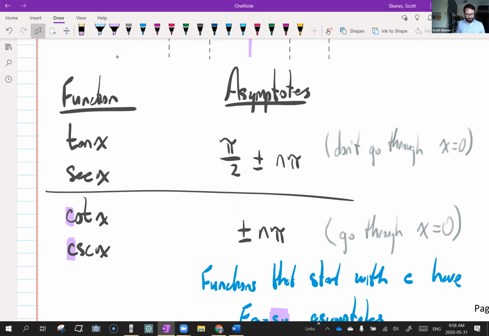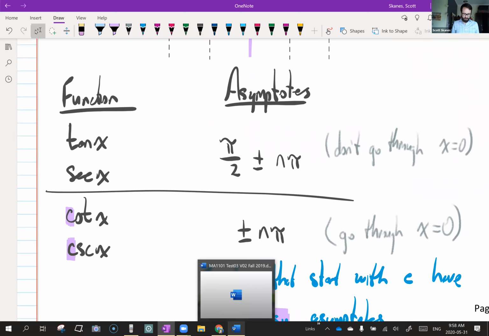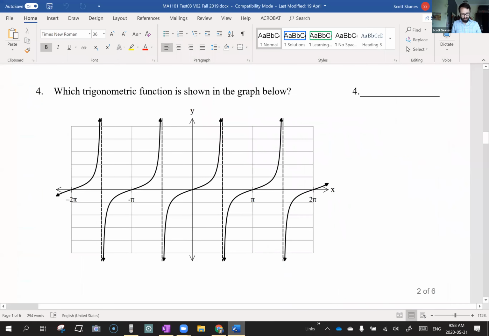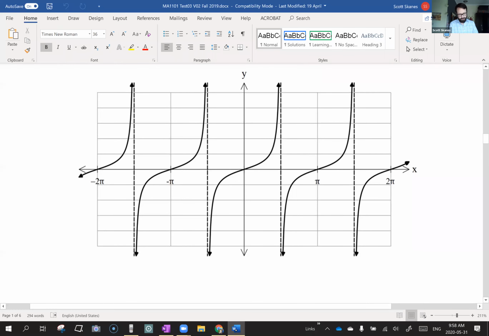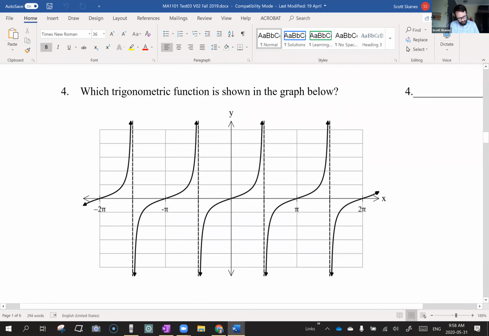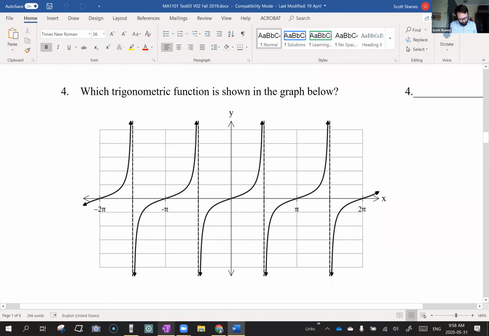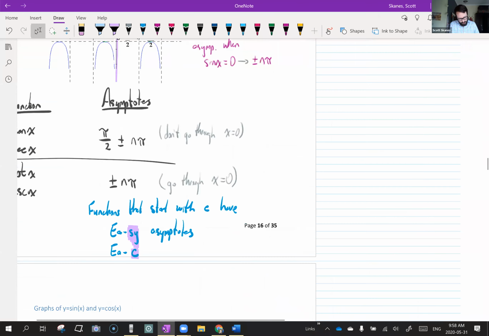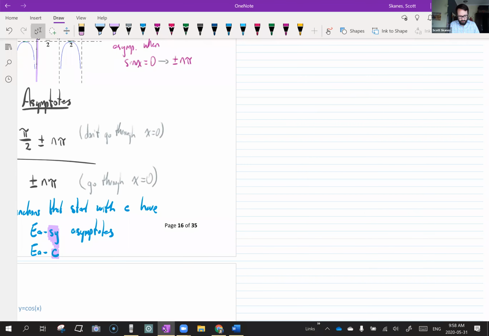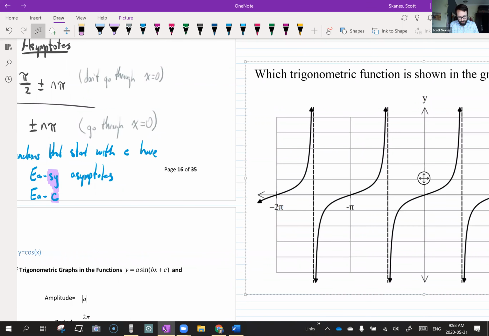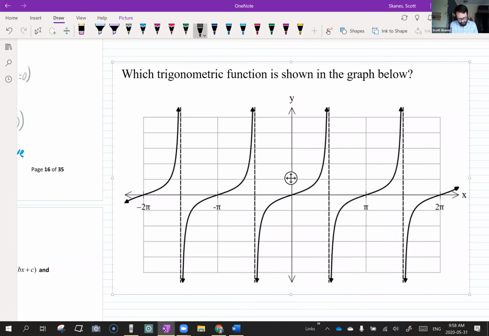Okay, so hopefully that helps. For example, let's just say I was to look at an old test. Maybe this is the old test, Fall 2019, a version of the test that I have. Let me just quickly snip this and put it in our notebook. So let's just say we had a quick question. If I gave you a quiz or an assignment, maybe I would ask a question that involved this.